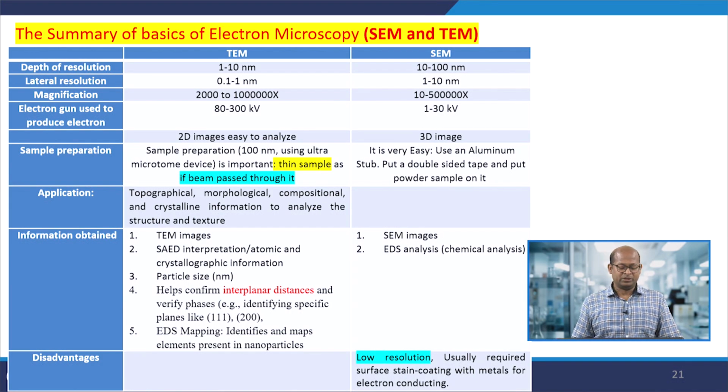Here is the basic difference between SEM and TEM. The depth resolution in TEM is 1 to 10 nanometers and the lateral resolution is 0.1 to 1 nanometers for normal TEM, and HR TEM is much better. With TEM we get a 2D image, while with SEM we get a 3D image, and SEM lateral resolution is 1 to 10 nanometers, much lower by comparison.